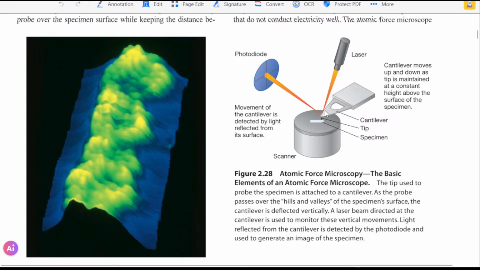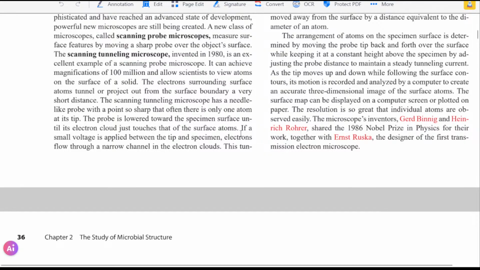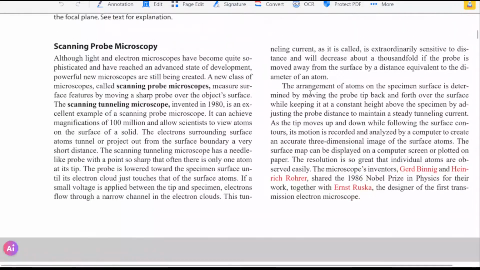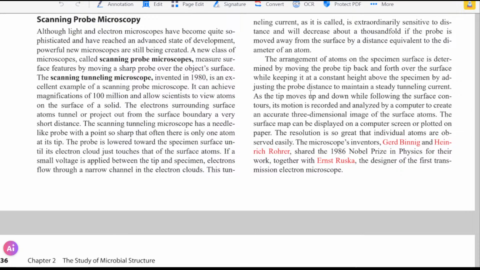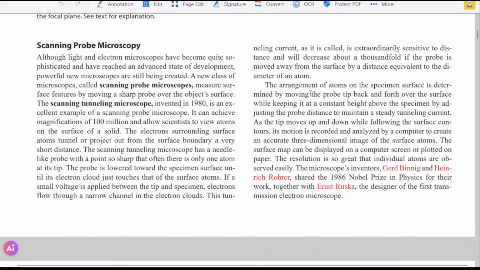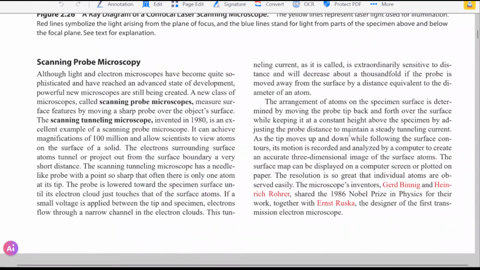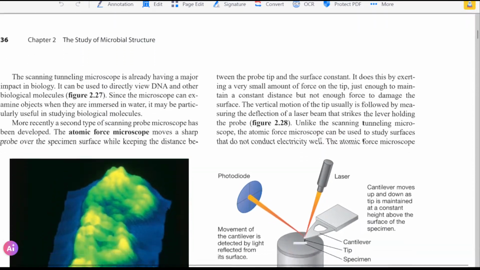You put the laser, in this case this is the laser, but in the tunneling microscope, it has electricity attached to it, and when the electricity goes from that tip and it tunnels into the specimen, it reaches to the atomic levels. When it reaches to the surface of the atomic level, it sends the signals into the cells and separates them.